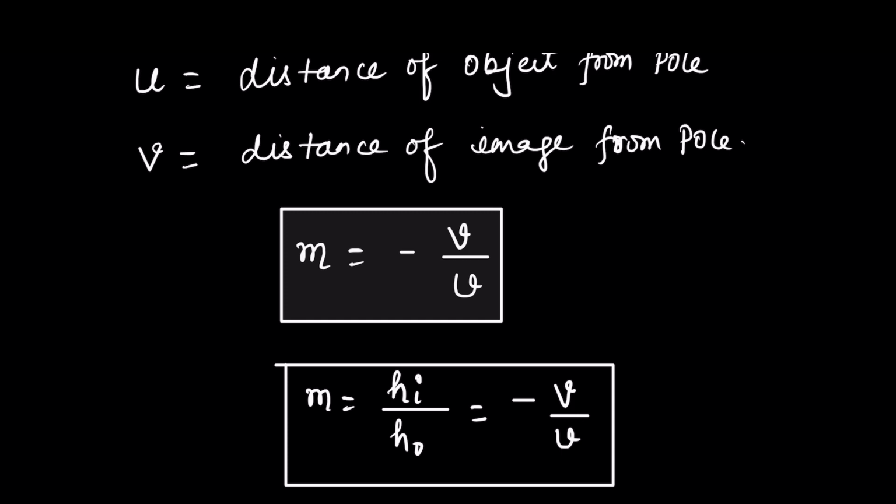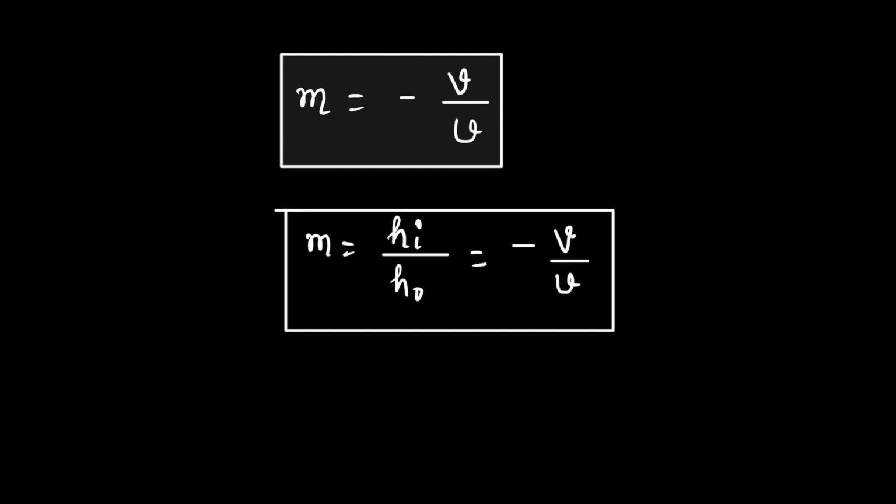So this is a complete relation of linear magnification with height of object and image and position of object and image from pole. Now next topic is sign convention. Sign convention is very important from the numerical point of view. If you are able to understand this concept, then you can easily solve the numericals based on it. So let's move ahead to our next topic.